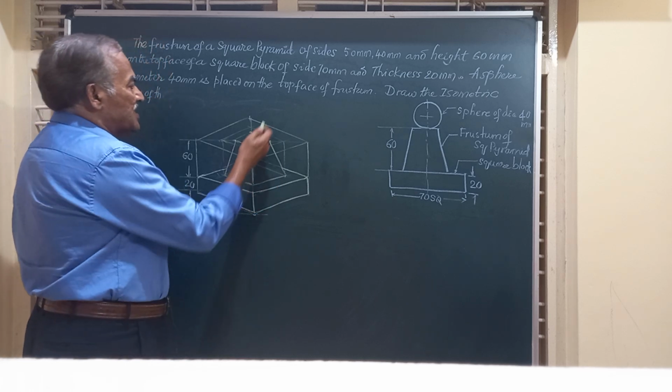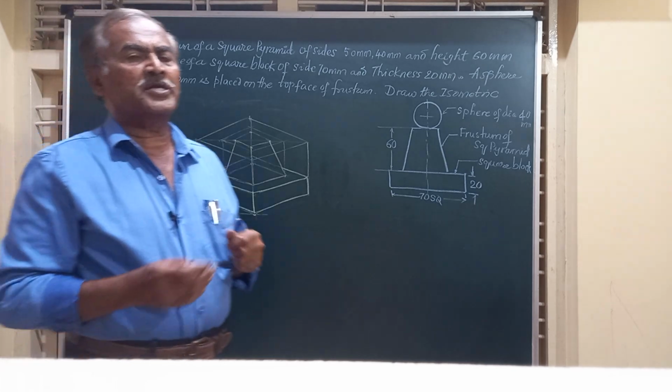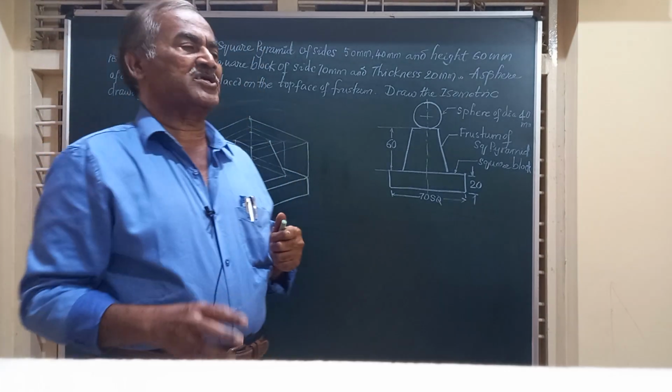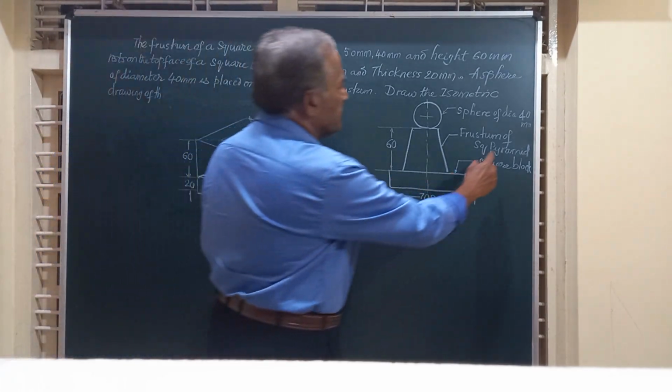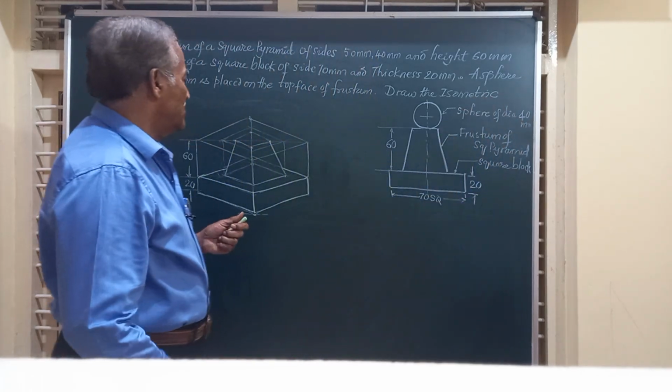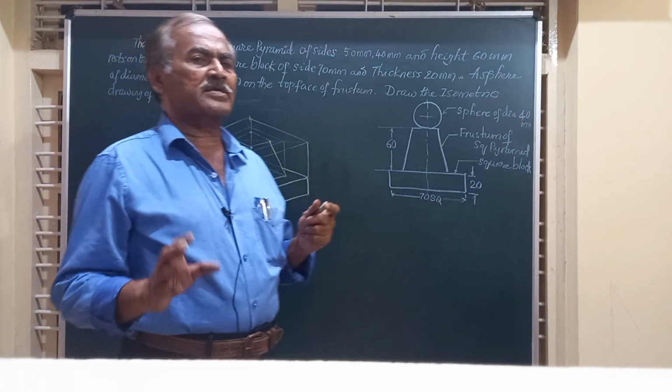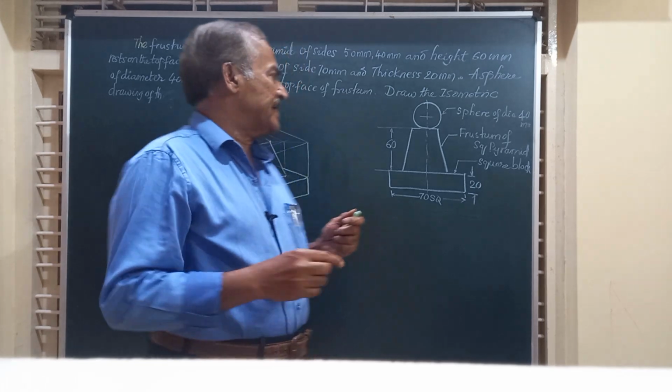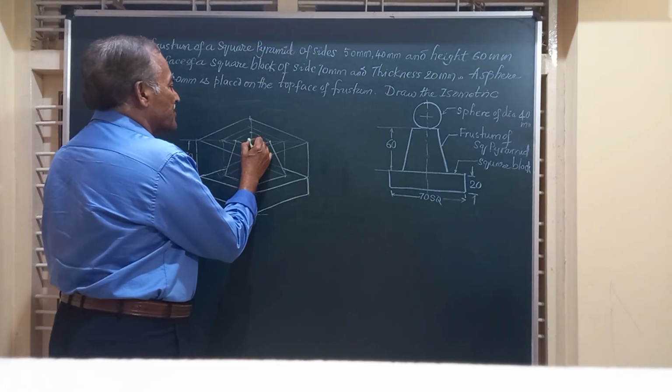So this is going to be like this, friends. Now on the top of this, we are going to have a sphere placed. The sphere has got a diameter of 40 mm, friends. Now in the isometric drawing, we have to take the height from here.